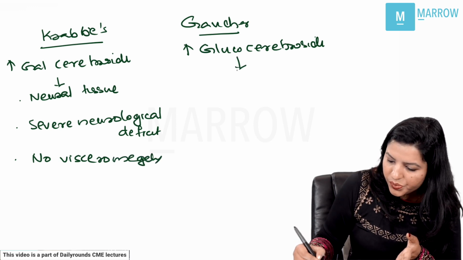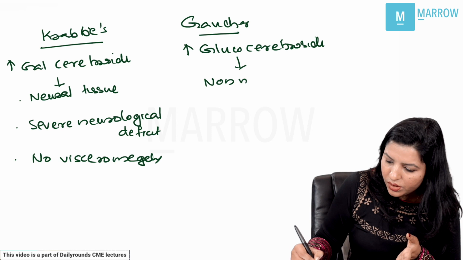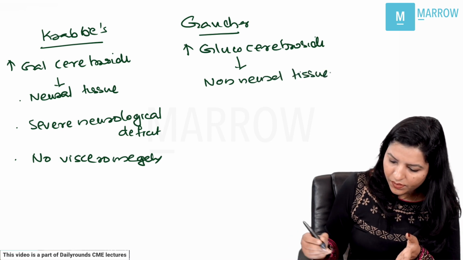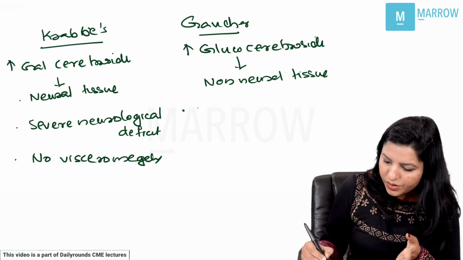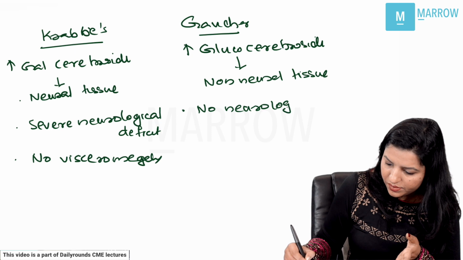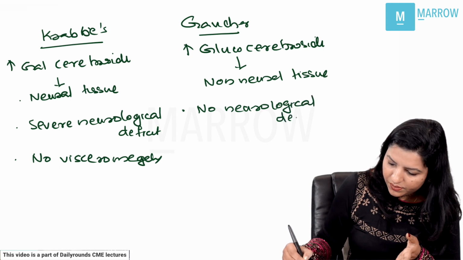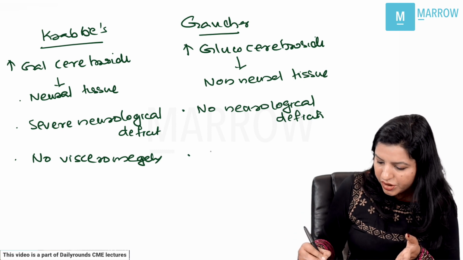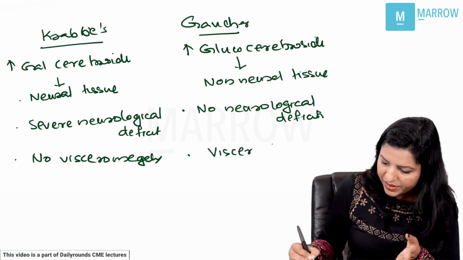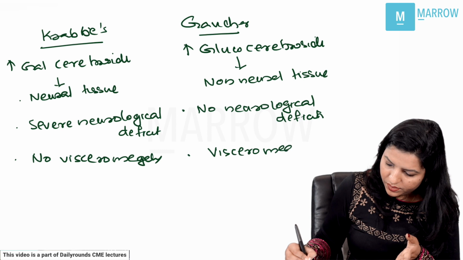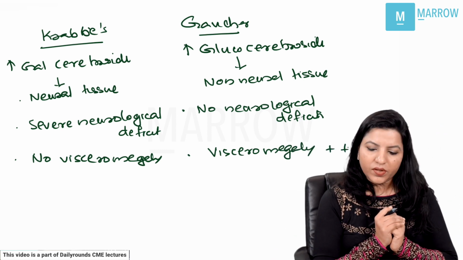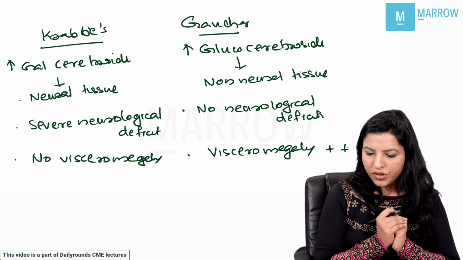Whereas in Gaucher, increased glucocerebroside is present in non-neural tissues, so there are no neurological deficits, but visceromegaly is present. So this is a comparison of Krabbe's versus Gaucher disease.